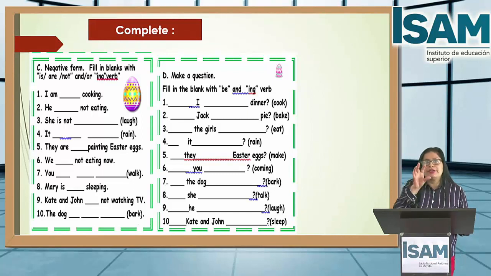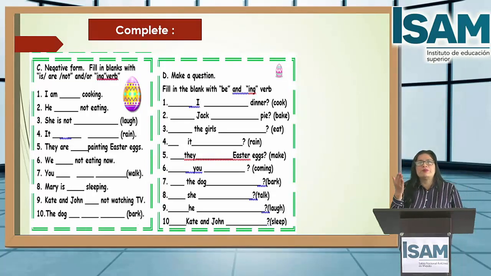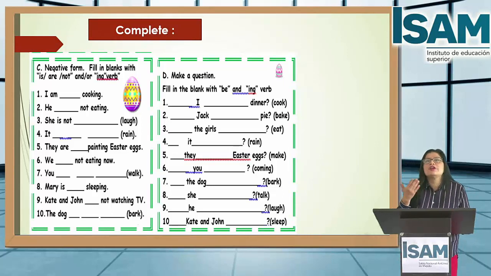Vas a colocar lo que te falta. Si te falta el verbo to be o si te falta añadir negativo, lo vas a colocar. Nada más. Y si es negativo, por ejemplo, number 3, she's not, ¿qué es lo que te falta ahí? El verbo, tienes que agregar el ing. That's all. Eso es todo.